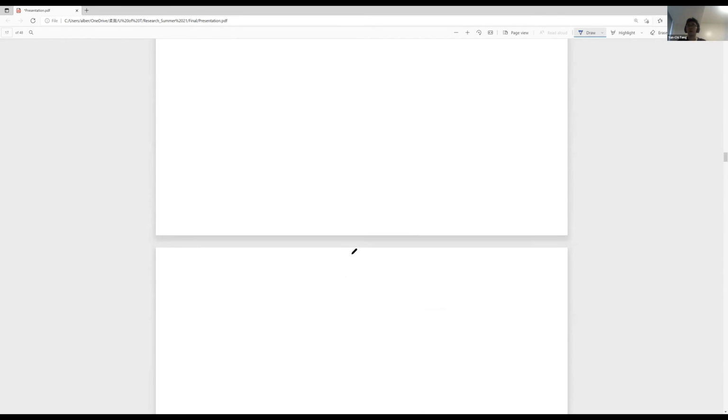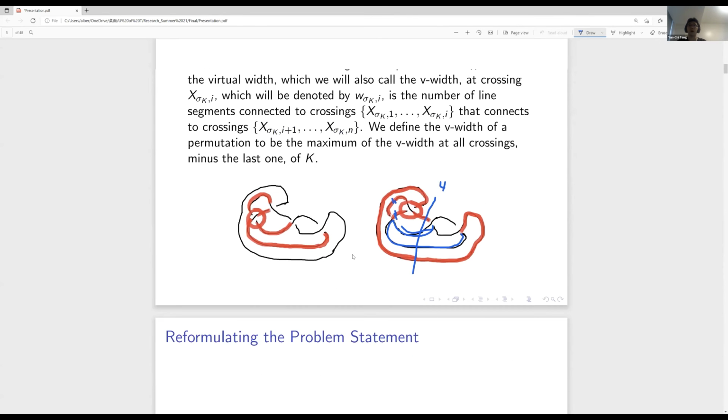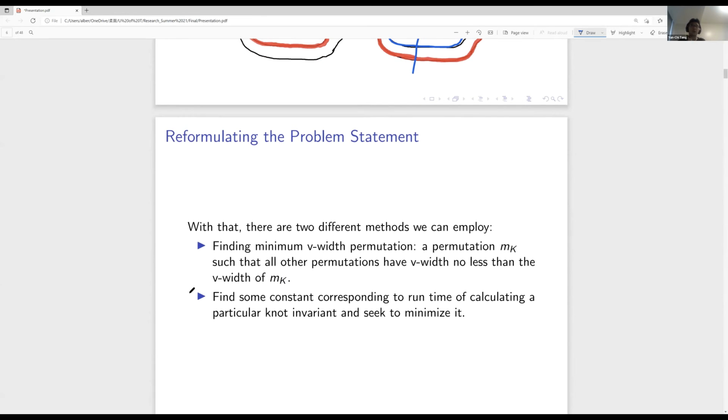Going back to the beginning of the 2 tasks that we're doing, I have more or less explained what the minimum virtual width permutation is going to look like. Now I'm going to try and explain what this constant is.